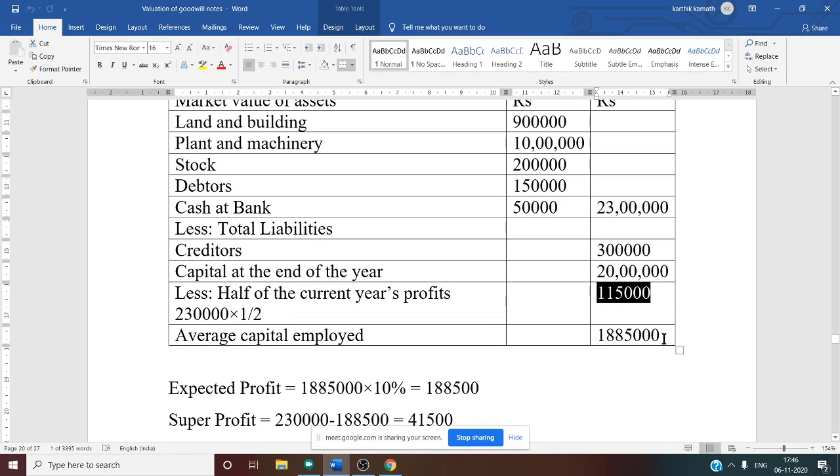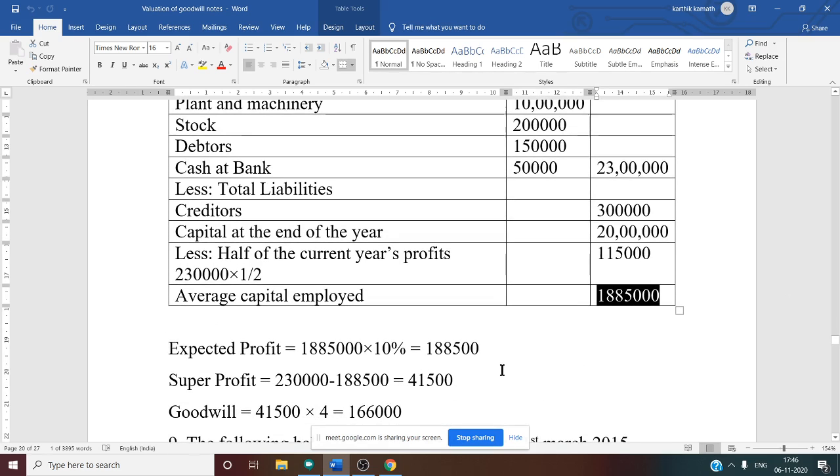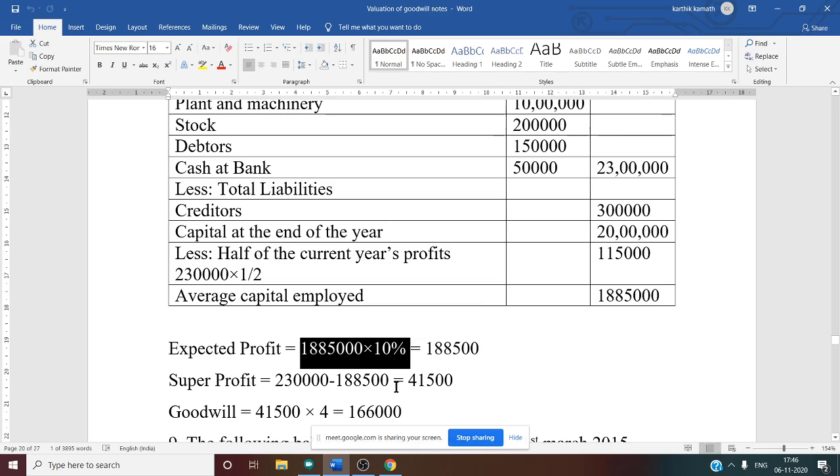So finally average capital employed: 20 lakh minus 1,15,000 is 18 lakh 85,000. Yes. Next you need to calculate expected profit. Expected profit is equal to 18 lakh 85,000, that is average capital employed, into expected rate of return 10%. You will get 1 lakh 88,500 as your expected profit.